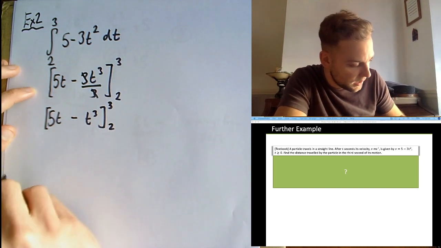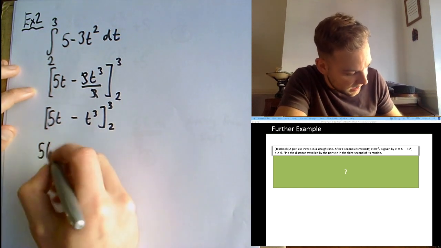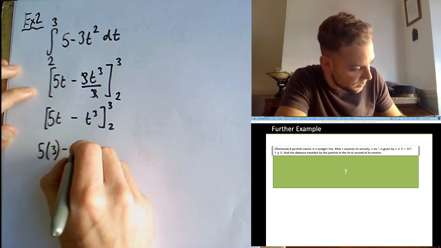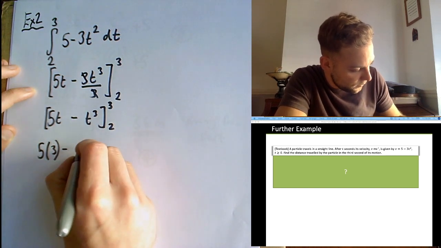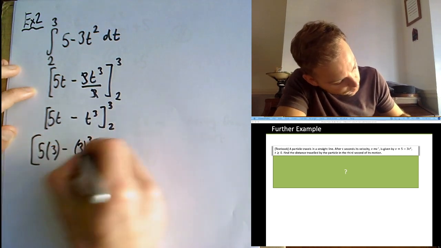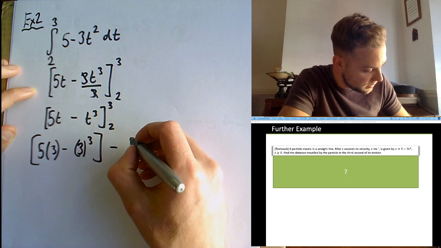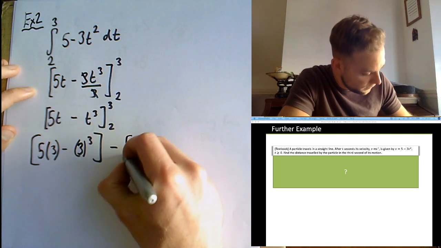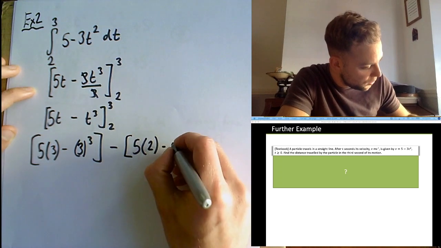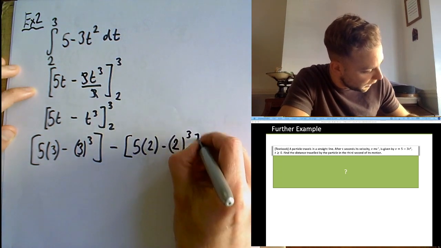Let's sub those values in. So 5 times 3 minus 3 cubed, subtract, in a big bracket, 5 times 2 minus 2 cubed, like so.